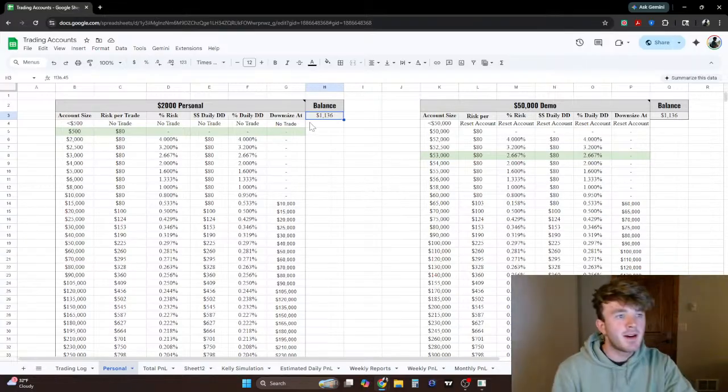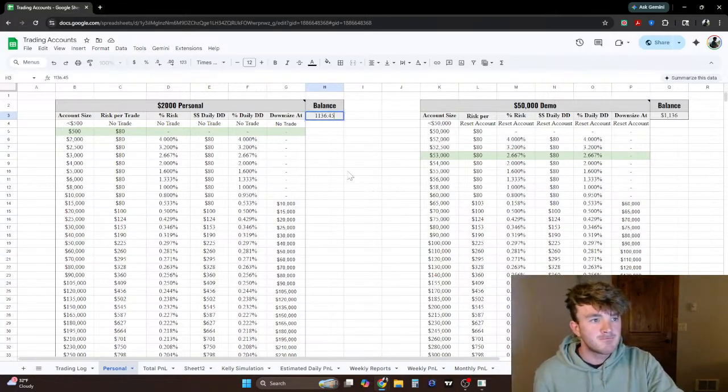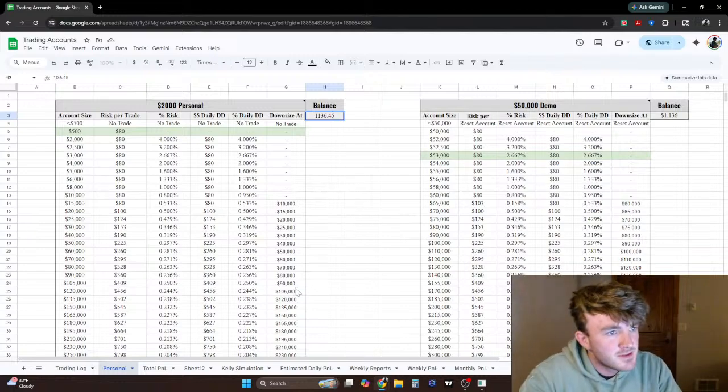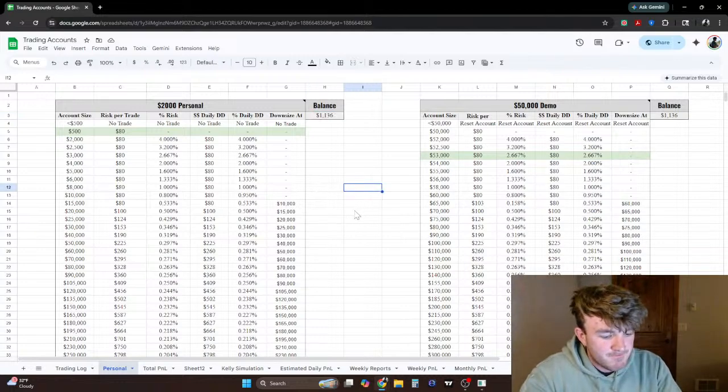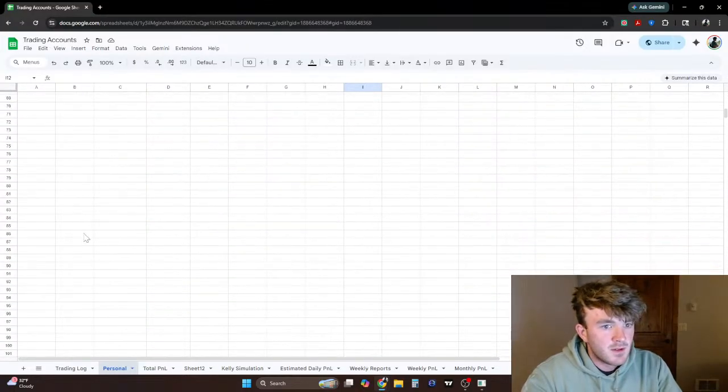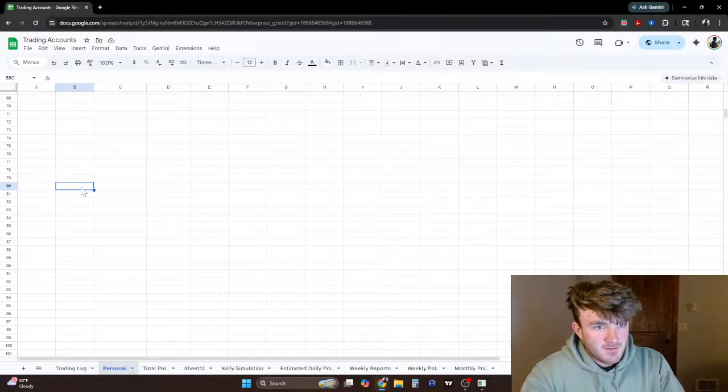So the balance right now is... It'd be fun to keep track of the balance over time as well. That actually kind of sounds fun. I kind of want to try that. I might do that down here.